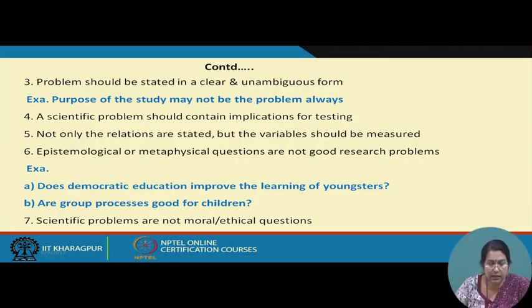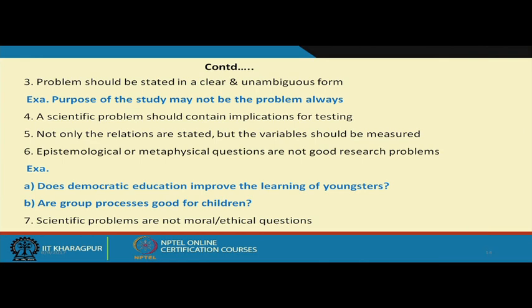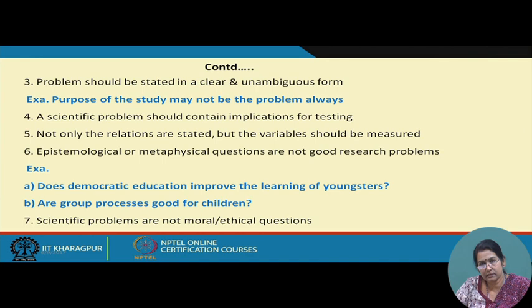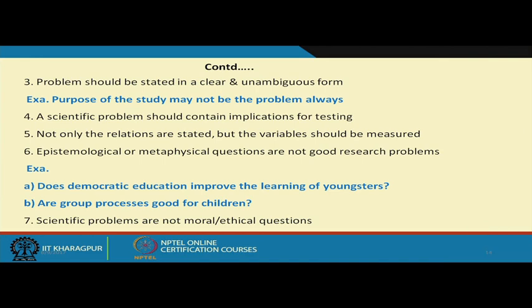Not only should the relations be stated, but the variables should be measured. Yes, this research problem should state some kind of relationship between two variables, but how do we measure that relationship? Whichever variables we take for studying and examining, we must have proper tools, techniques or materials to measure them.